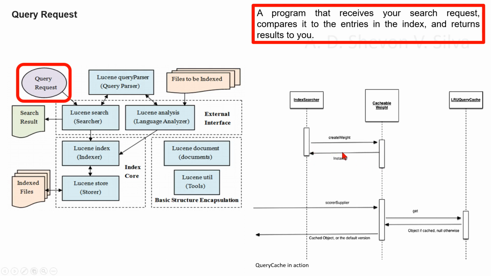Weight is also responsible for participating in the scoring process. Weight creates a corresponding scorer. The scorer is then invoked on various documents that the query is being evaluated against.